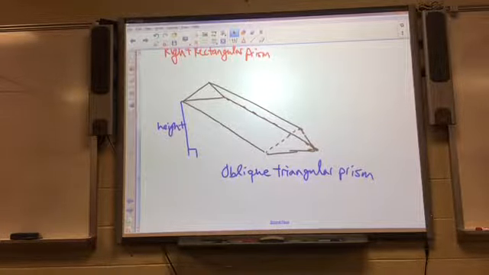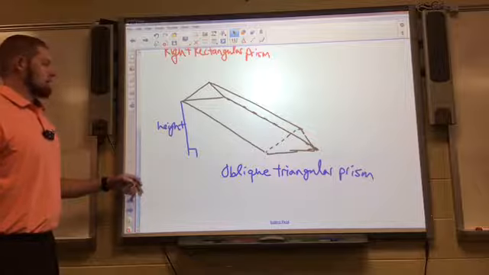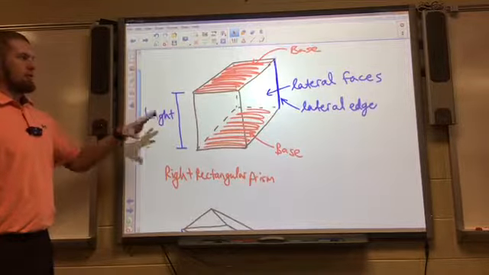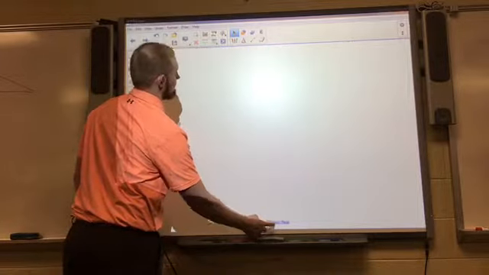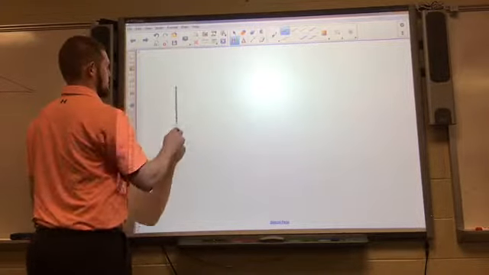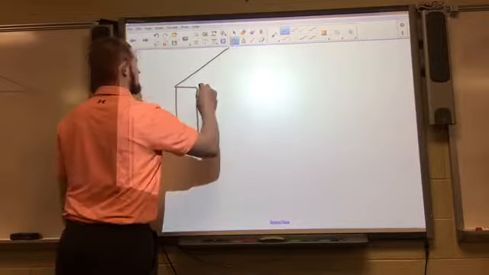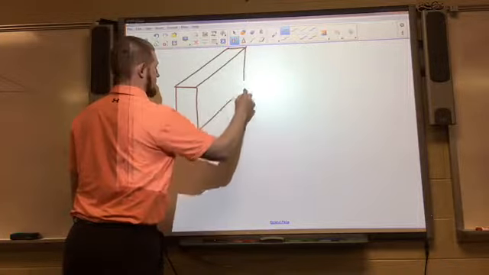We're not going to work a lot with that today, but understand the differences here. The main thing we're getting at today is surface area. So we're going to take a rectangular prism and find the surface area of that. Our prism, we're going to make it a little bit different than what we've been doing.